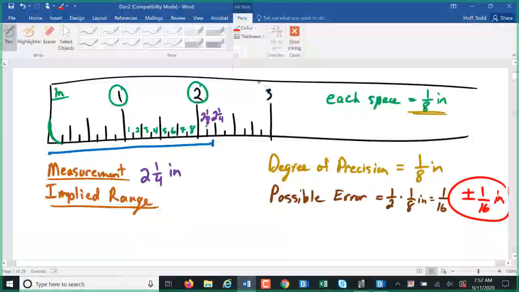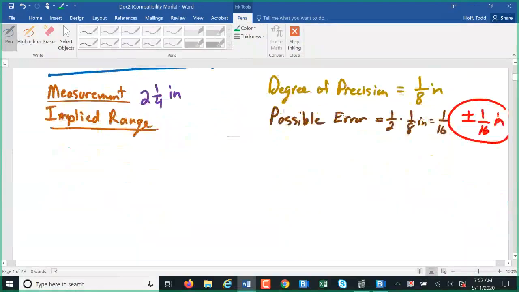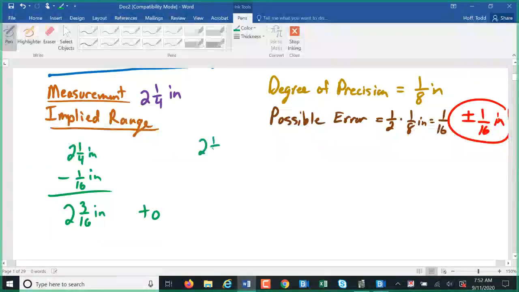So then our range is 2 1/4 inches, our measurement, minus a 1/16 of an inch, which would be 2 3/16 of an inch, up to our measurement of 2 1/4 inches plus our possible error of 1/16 of an inch.